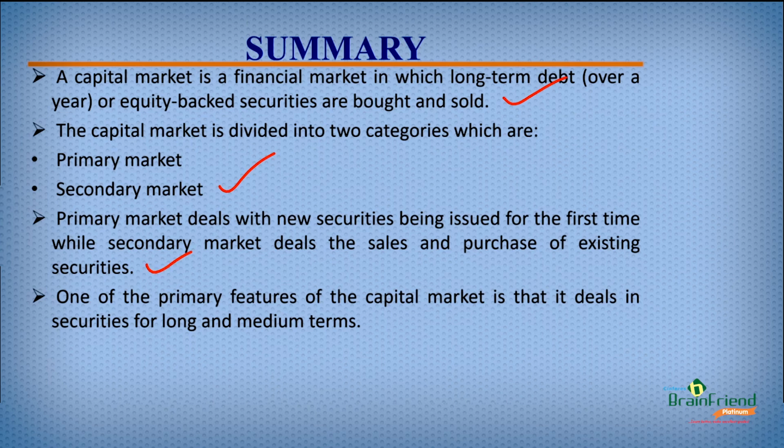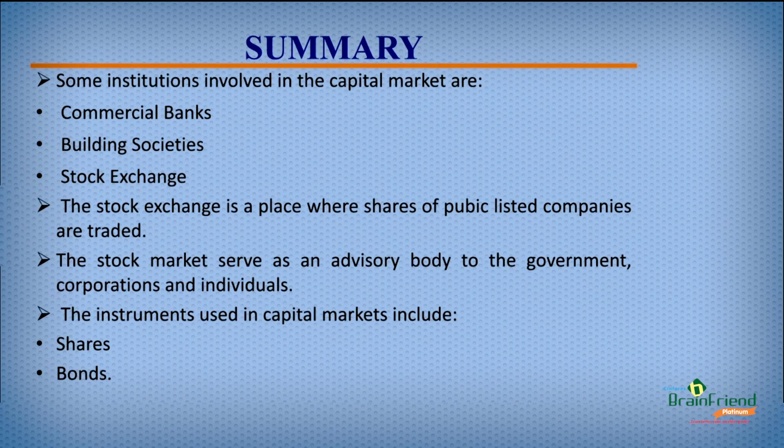Furthermore, we understood that one of the primary features of the capital market is that it deals in securities for long and medium terms. We also learned that some institutions involved in the capital market are the commercial banks, building societies, and the stock exchange.